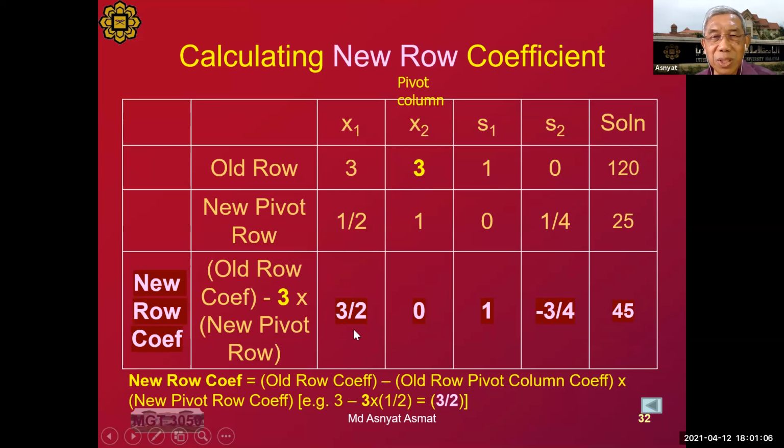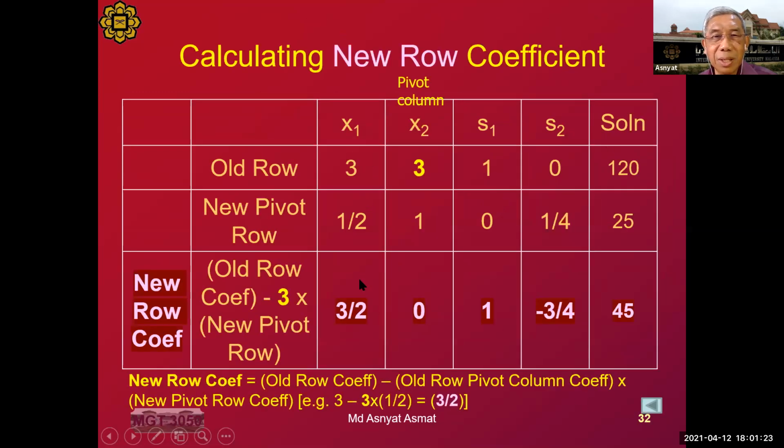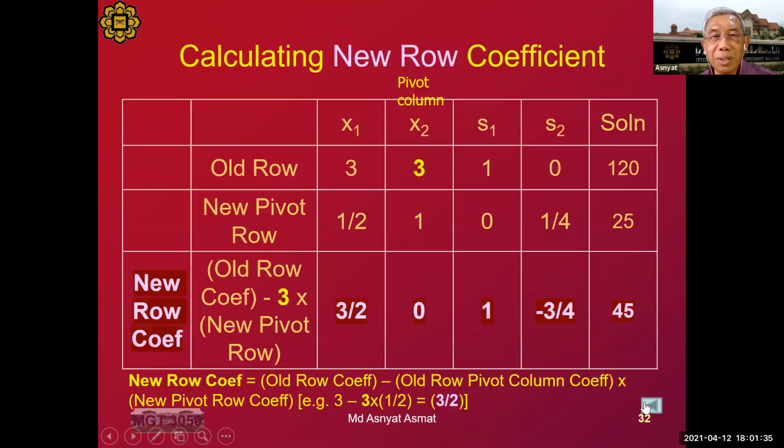So we are going to replace this number. Take note, 3/2, 0, 1, negative 3/4, 45, somewhere here. Okay, I look back again. Let's replace 3/2, 0, 1, negative 3/4, is it right?